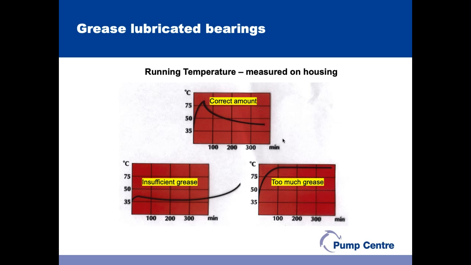Ultimately, that will lead to a rise in the running temperature of the bearing, and ultimately that will fail. If we put too much grease into the bearing, you will get the rise in temperature when you restart the machine, but then it will continue to operate at that elevated temperature, which once again ultimately can lead to failure of the bearings.